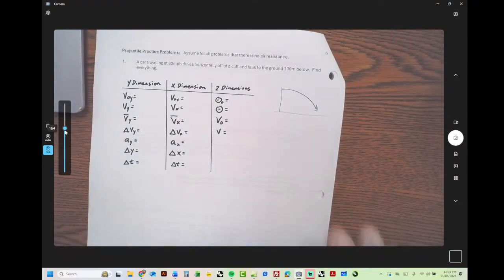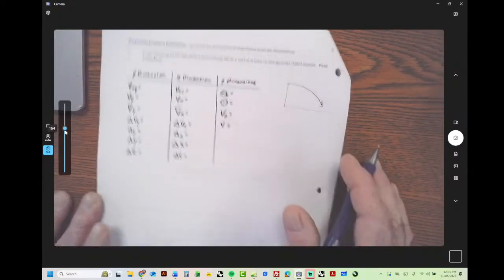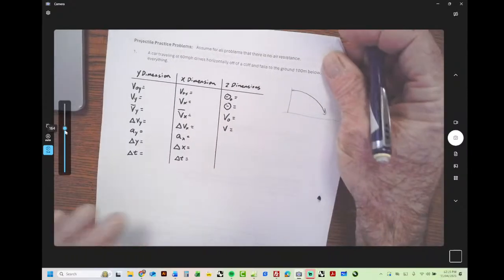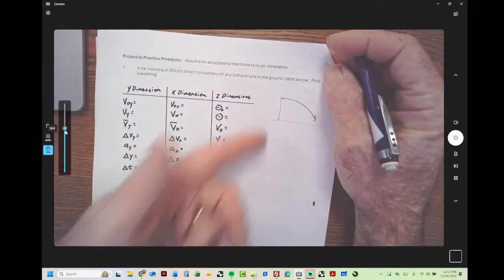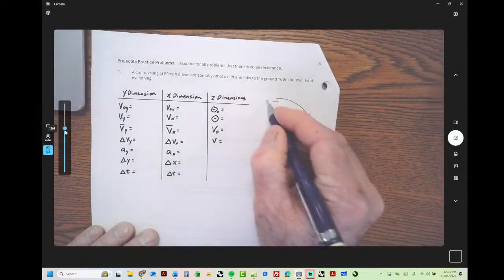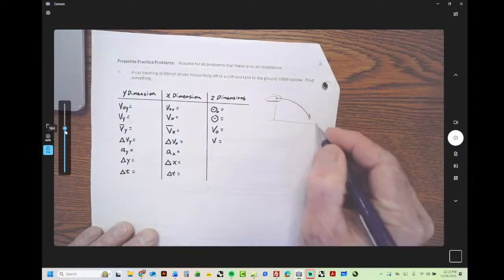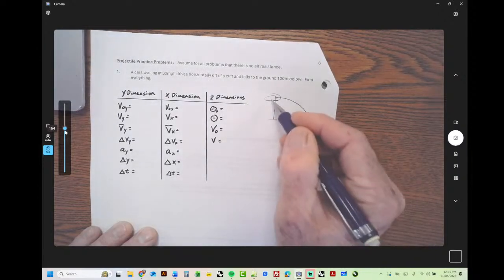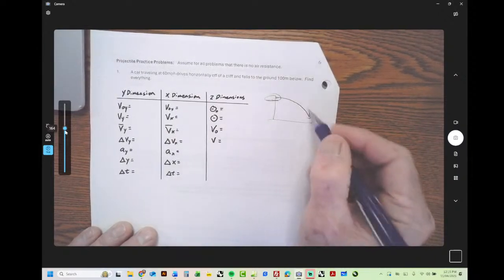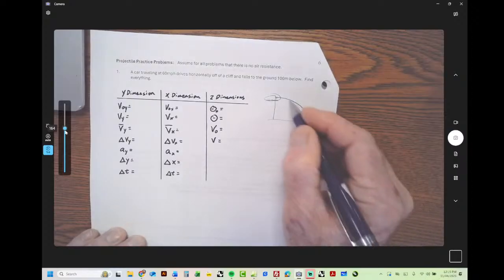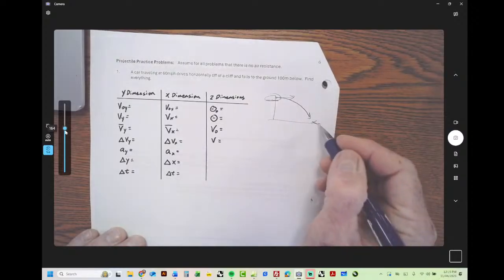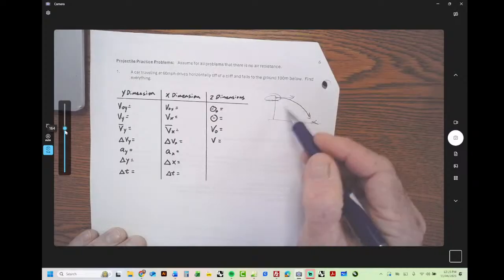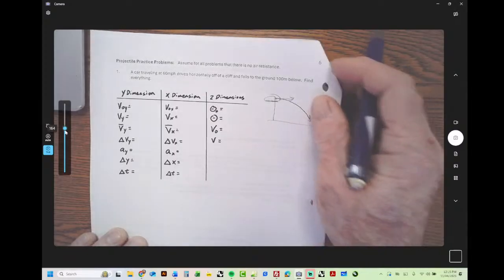Those are kind of the three types of problems you're going to deal with, and then in the next unit you're going to have to do these. I'm going to give you a platform and give you a target down here, and you're going to have to put a projectile launcher there and shoot something that's here by aiming straight out. So in order to do that, you're going to have to solve a problem and know how fast the projectile is going to go.